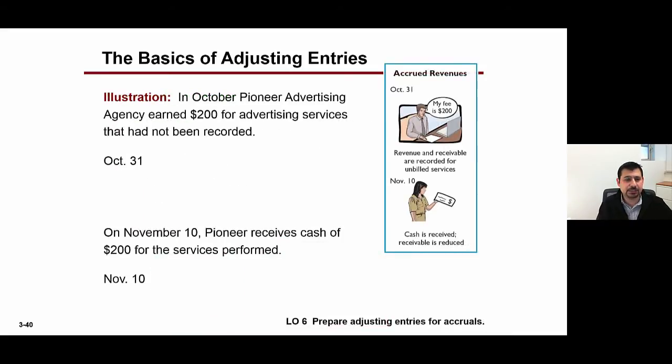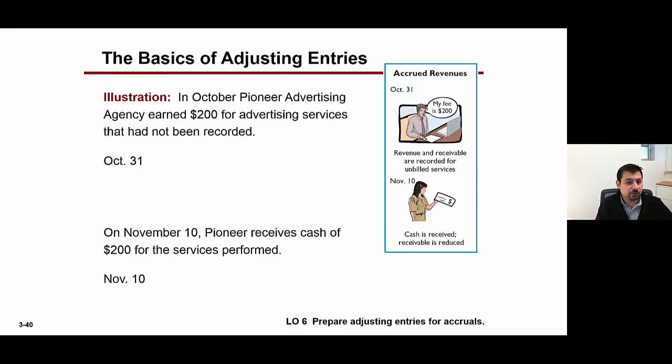Let's take this example. In October, Pioneer Advertising Agency earned $200 for advertising services that had not been recorded. They provided the service, but they did not record it. So at the end of the month, because they earned it, they have to recognize it. Remember that under the accrual basis, companies must recognize the revenues when they are earned.